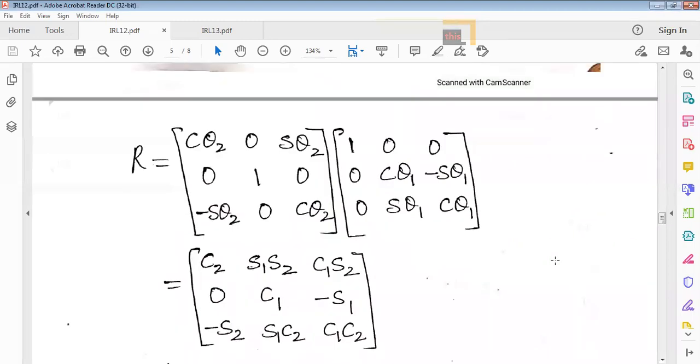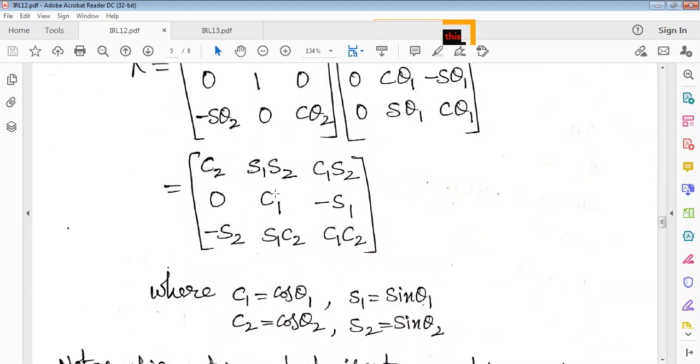Okay, so therefore R is equal to, this is the rotation about y-axis by an angle theta 2, and this is the rotation about x-axis by an angle theta 1. If you multiply these two matrices, the result will be the overall rotation matrix.